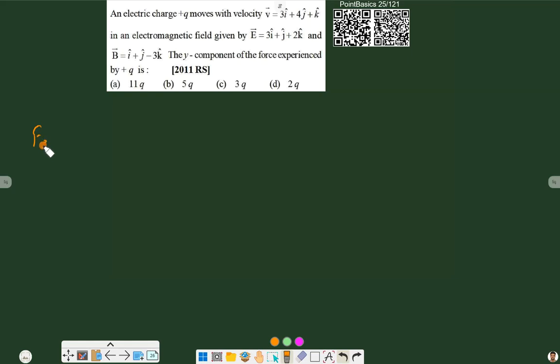So the electric force will be Q times E, that is 3I plus J plus 2K. As we have to find only the Y component, the Y component will be Q. For the magnetic force, we use the matrix method.